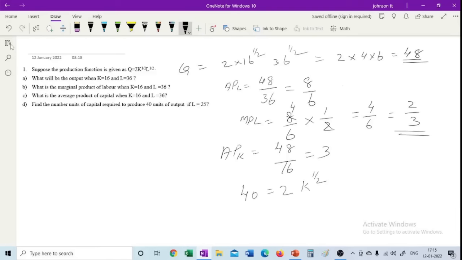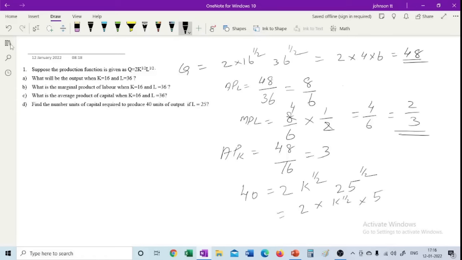We have to find the number of units of capital. And L raised to, the value of L is given as 25. So we can write 25 raised to 1 by 2. By solving, we will get 2 into k raised to 1 by 2 into 25 raised to 1 by 2, that is 5.